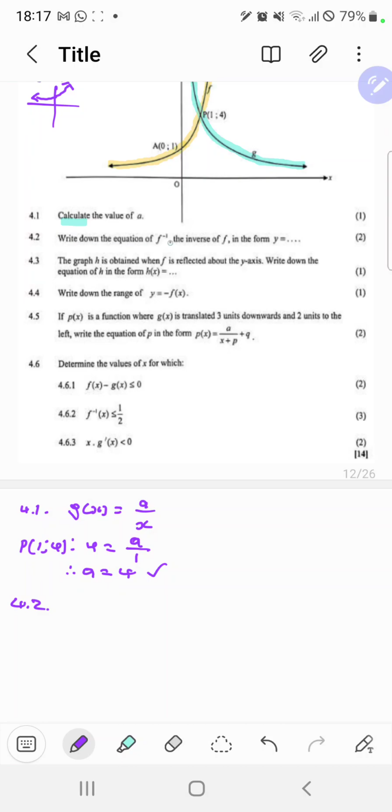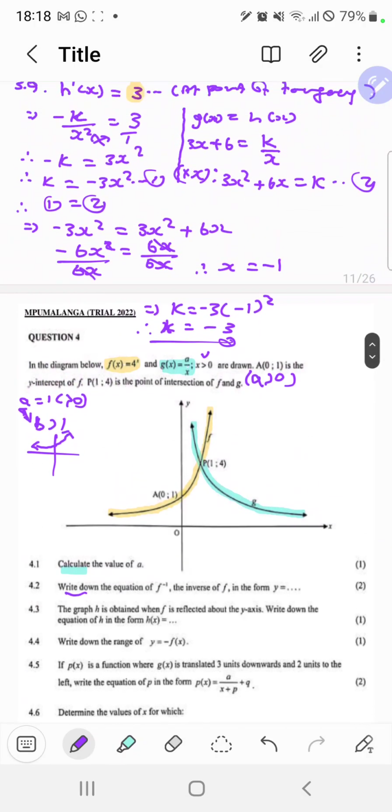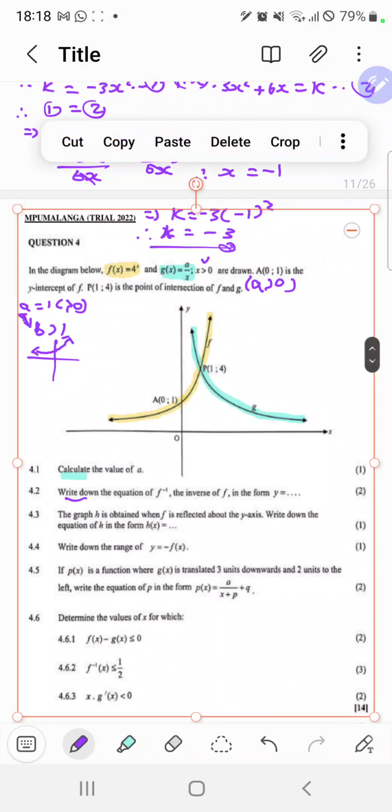Write down the equation of the inverse. Again, the question says write down. So you already know here the inverse of an exponential function is what? So we can say the inverse will be such that y is equal to the log of x to the base 4. Remember, when you have an exponential function like that, its inverse is a logarithmic function to the same base, by the way.